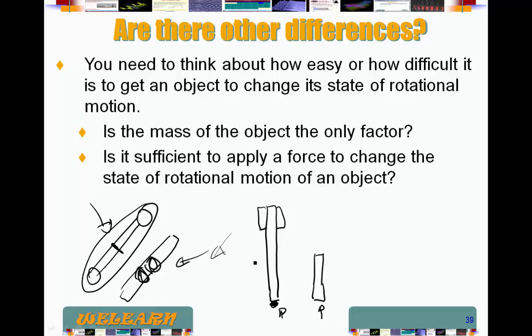So, in other words, what this tells us is that to change the state of rotational motion of an object, mass is not the only factor.